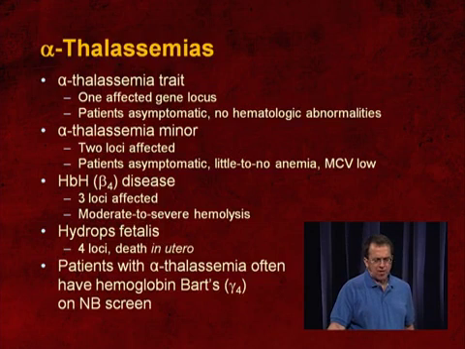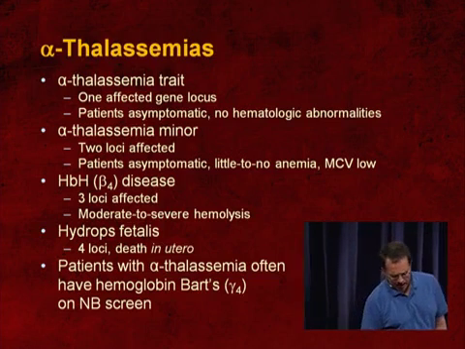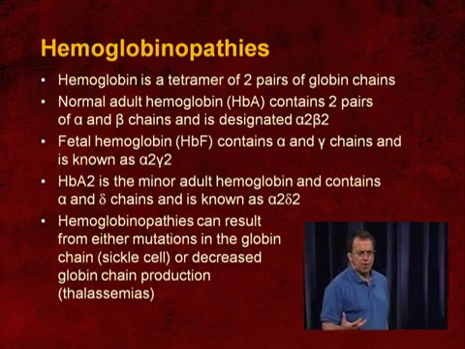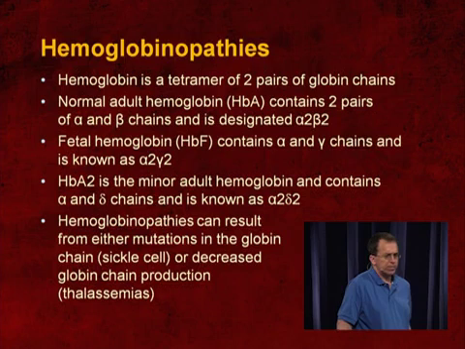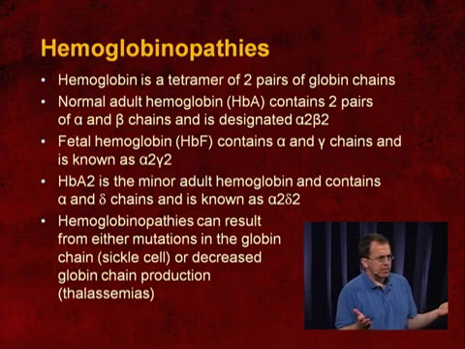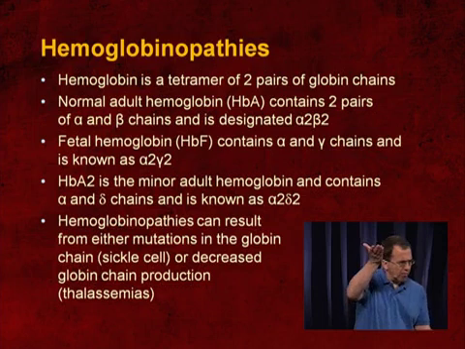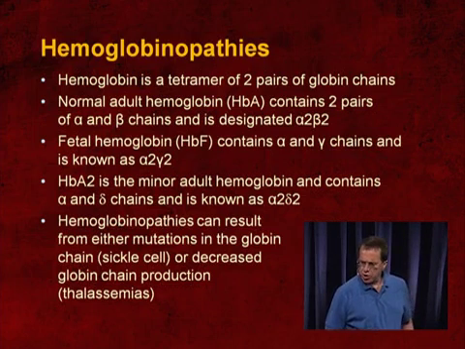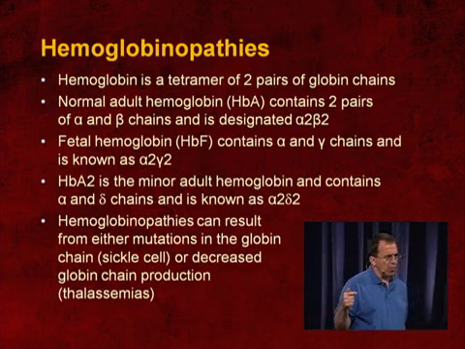In sorting out thalassemias, remember, let's go back. I apologize. But I think understanding your hemoglobin as a tetramer helps you understand these things. If you're a baby with some kind of thalassemia and you're not making enough alpha, your alpha production's down, well, you're going to have trouble making your fetal hemoglobin.